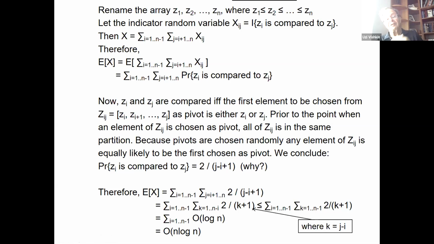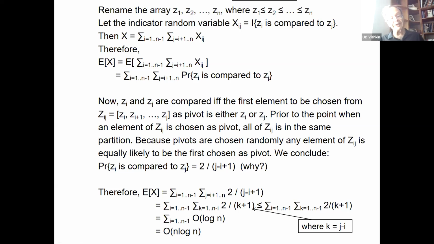Okay, so this is a very significant observation, because the way in which we choose the pivot with equal probability gives equal probability to any element in this range to be selected as the first pivot in this range. I hope that this is a very important statement, so I'm going to repeat it.